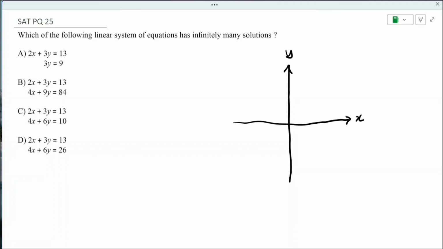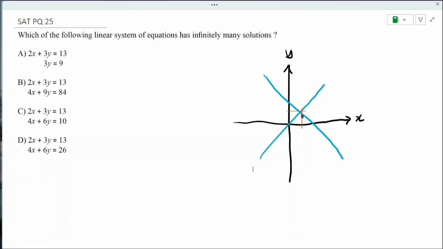Standard, if it's one with a pair of solution, you can have the first line like this and the second line like this. So where the two lines meet, that's the point of intersection of the two lines, and it carries the solution. If you trace it to the x-axis, you get the x value, and if you trace it to the y-axis, you get the y value.